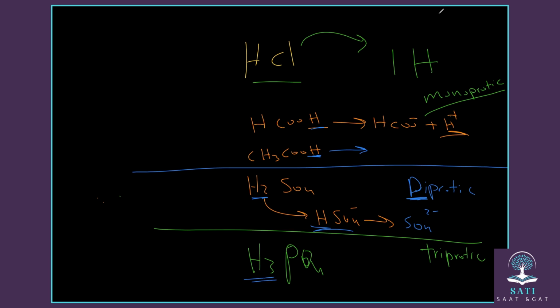So we have mono, and these ones are called polyprotic, that means they have more than one ionizable hydrogen atom, whether they are di or tri or other ones. Good. So you understand now types of acids based on number of ionizable hydrogen atoms.